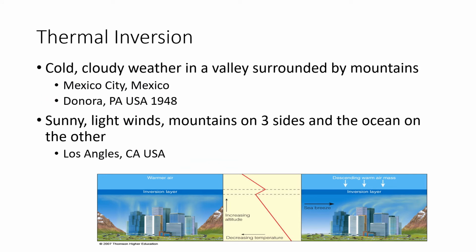So why does it happen? Well, it could be surrounded by mountains. Usually it's some sort of pocket. You're surrounded by mountains, like in Mexico City, which has thermal inversions all the time. Or in Pennsylvania, you're in the middle of the mountains, in the valley of a pocket, and that inversion layer can occur. Donora, Pennsylvania is actually one of the worst smog incidents in the United States.